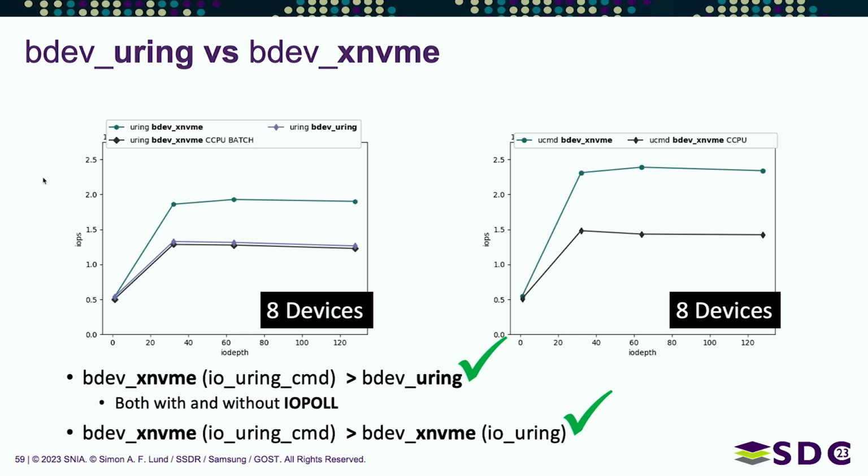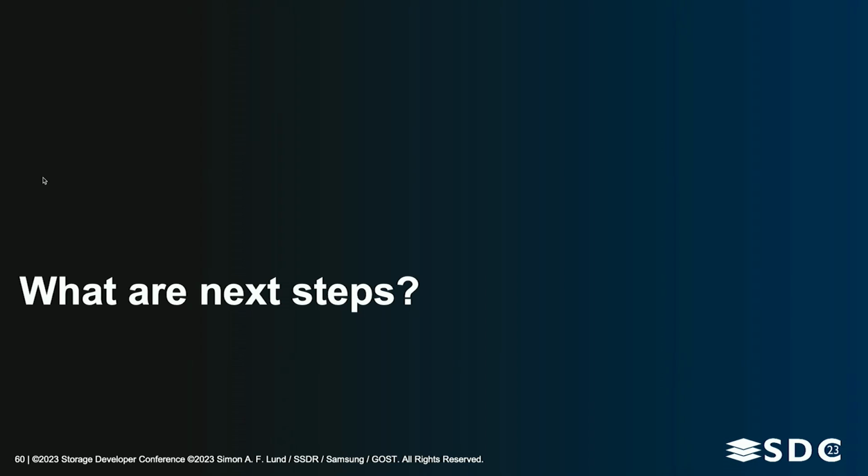So a lot of checkboxes all the way around. Just to say that 10 months ago, that was not the case. If you go back and see what we presented at the SPDK virtual forum, the numbers weren't as great as they are here. So a lot of work has gone into this, and I think we're in a pretty good place of integrating the IO-Uring command infrastructure into SPDK.